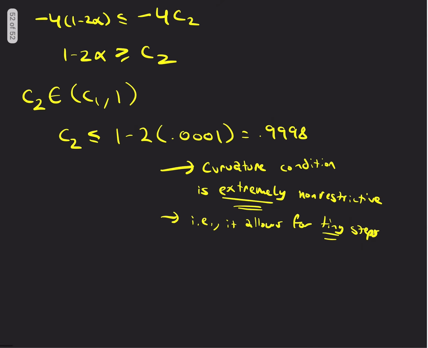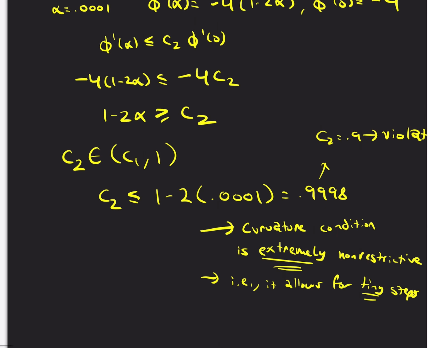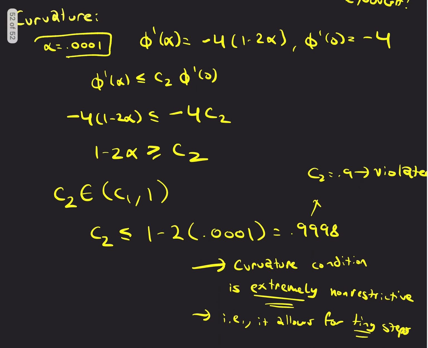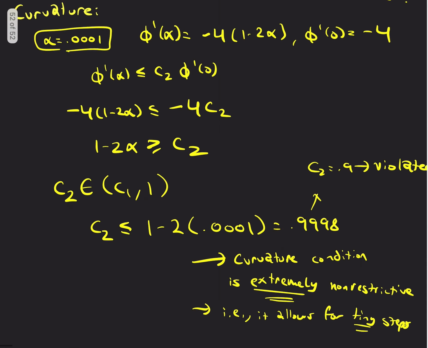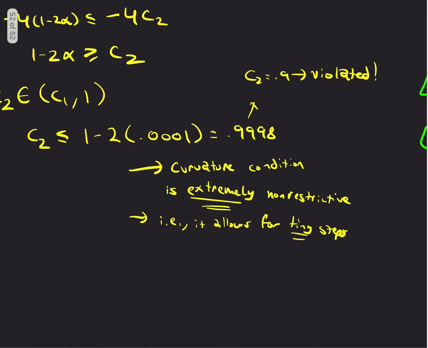If we chose C2 equals 0.9, then our choice of alpha would be a violation. But the point is, the only way this is not a violation is if you're being super, super lenient with it. The closer that gets to 1, the more lenient you're being.